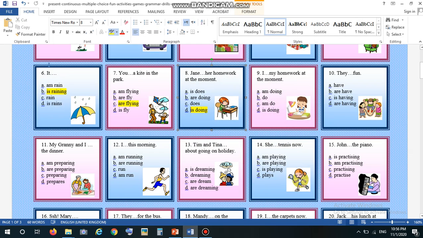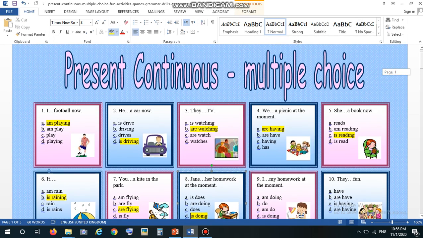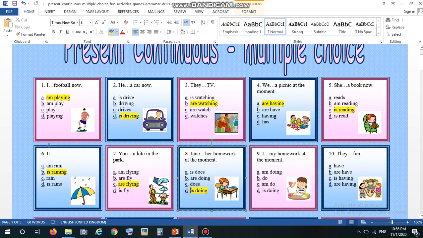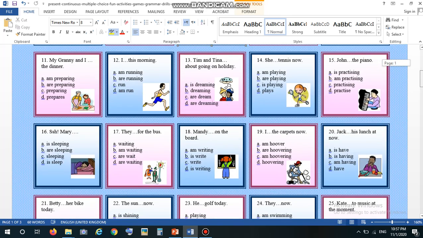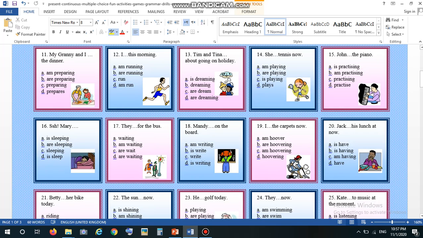Now what are we going to do? We are going to answer some questions here using the present continuous tense. Okay, so here: my granny and I, the dinner. So I'm preparing, are preparing, preparing, and prepares. So my granny and I, it's a plural subject. Both of us are doing an action. So we're going to use are, okay, and preparing.